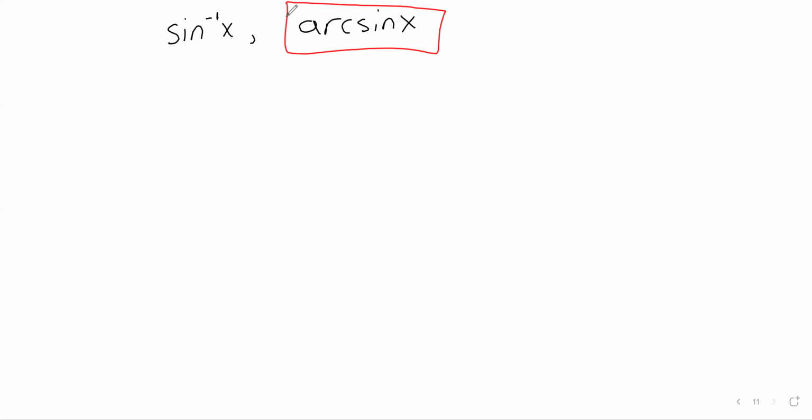And in calculus, as I say, only 3 of the inverse trig functions are going to really be interesting. And they're probably not the 3 that you would imagine. You know, high school trig, it's the sine, cosine, tangent.